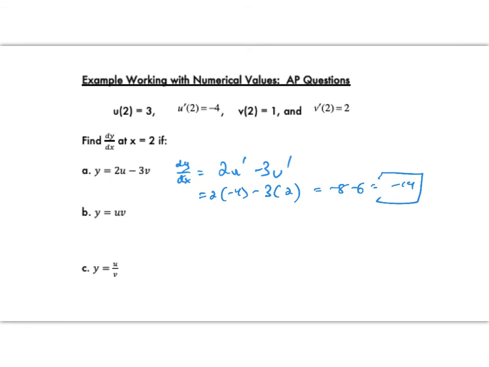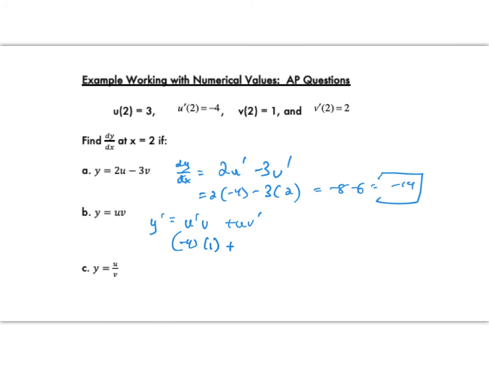Okay. So probably for u times v, we'll use the product rule. So our y prime is going to be u prime v plus uv prime. All right, u prime, according to the problem, is negative 4. And v is going to be 1.